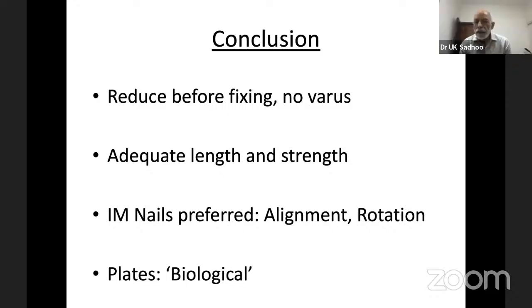Invariably, it will fail in varus. That is one. So all you need to do is counter the varus. Now, my favorite would be one of those blade plates. I'm a great fan of blade plates because I can produce adequate valgus with blade plates. But a nail would be a very good idea.